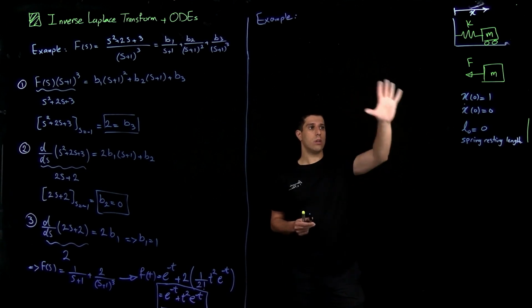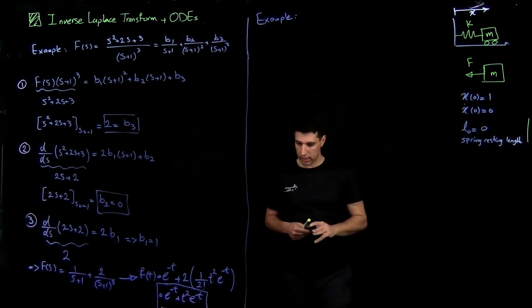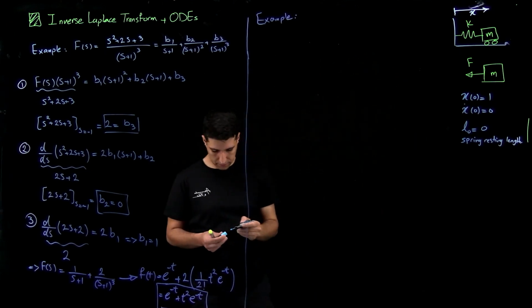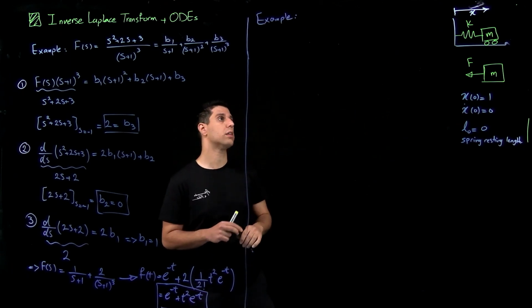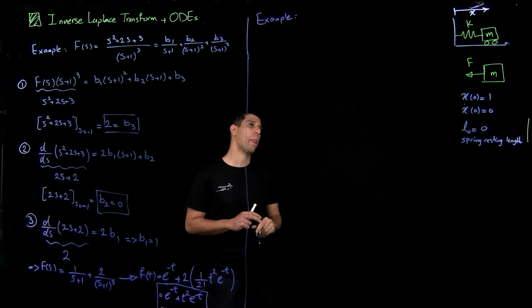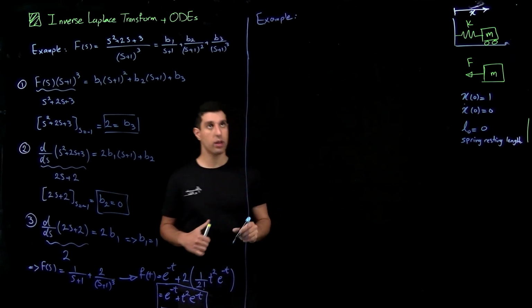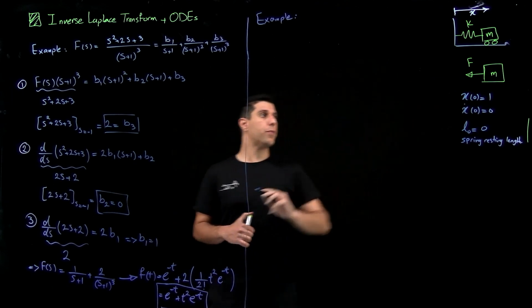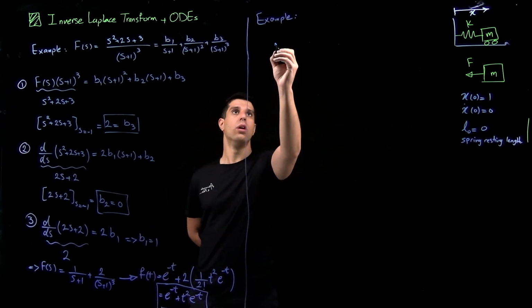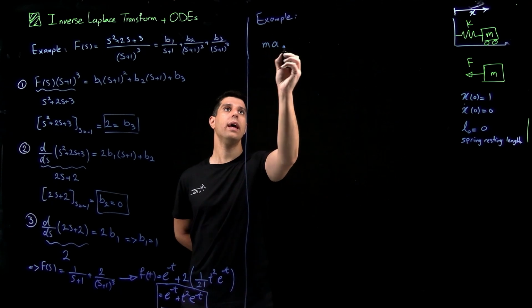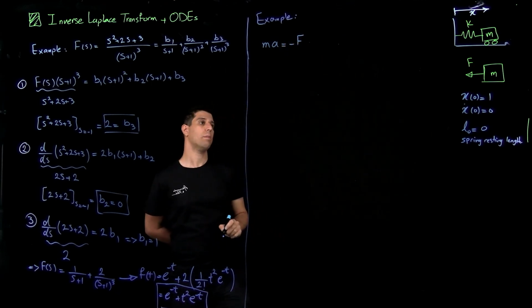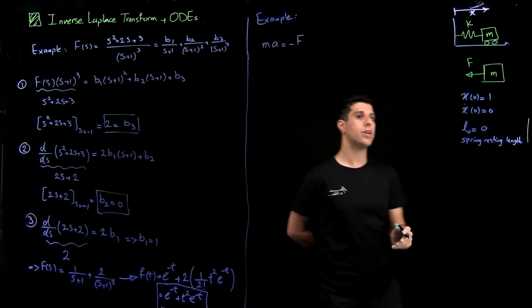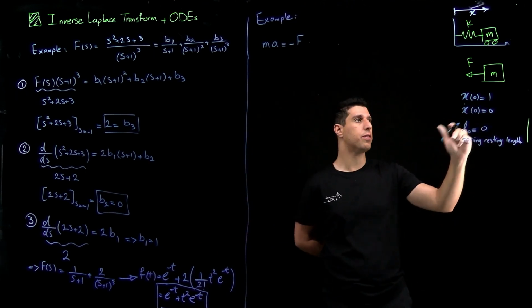So with all this defined, let's solve the movement of this mass and spring system over time. From the free body diagram, I know ma equals minus F. And be careful: it's very useful to properly define position.